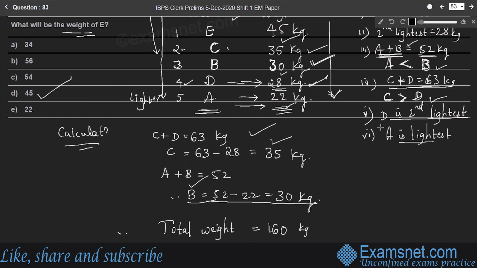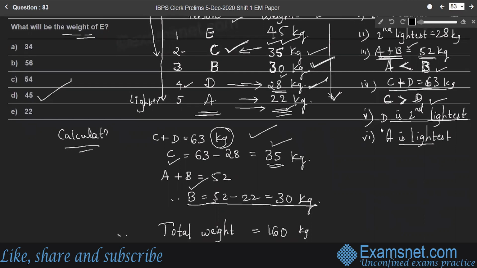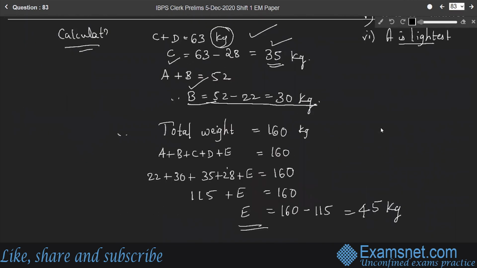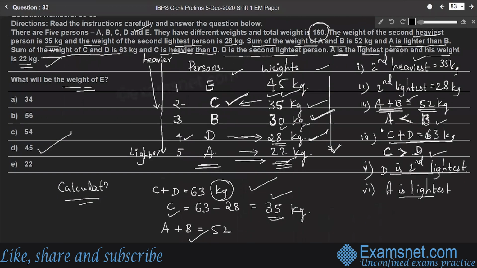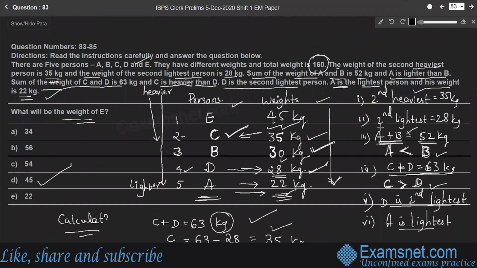Right? And C plus D is 63 kg. Hence, C's weight is 35 kg. So, 35 kg weight is given in the information, so we only have to decide the position. Right? C's position is second position. Right? The respective person to the respective weight. And next is total weight is given. Substitute the values of A, B, C, and D. Then we'll find the value of E, that is E's weight, which is 45 kg.